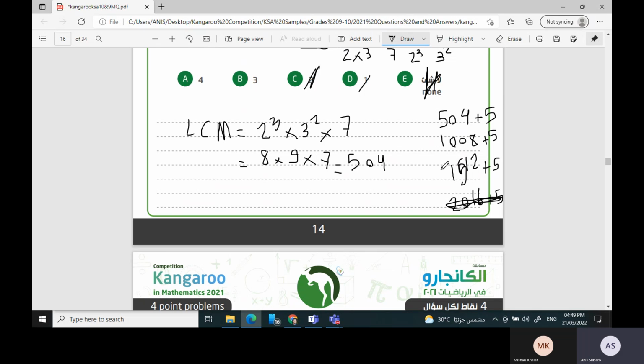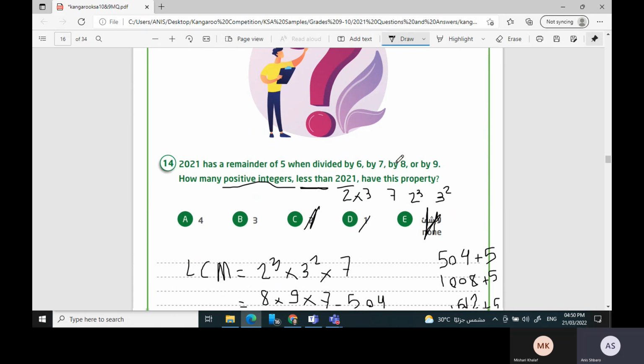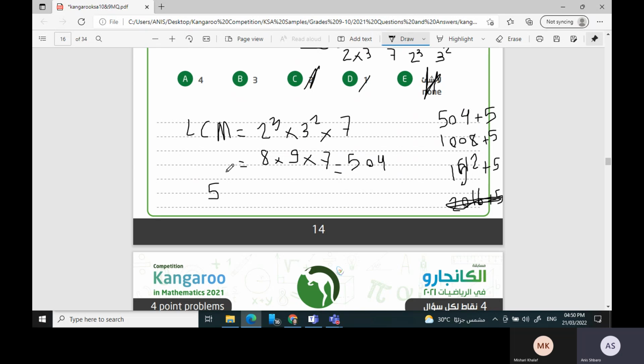Do you have more? I don't think so. I think we have one more. Usually, before starting with calculating the LCM, it's clear for me that the remainder will be 5. So if you divide, for example, 5 by 6, the quotient will be equal to 0, but the remainder will be equal to 5.